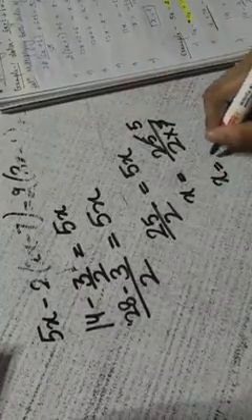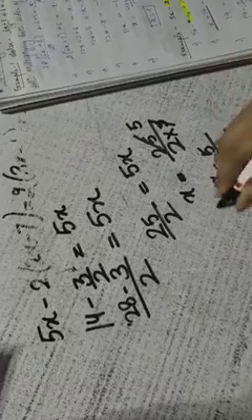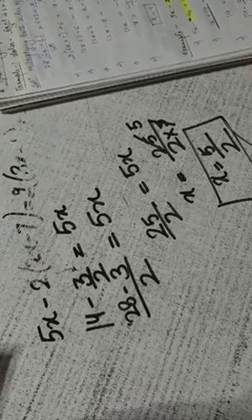So x is equal to 5 by 2. This is the value of x. Okay. So this is how we find the solution after reducing the equations to simpler forms.